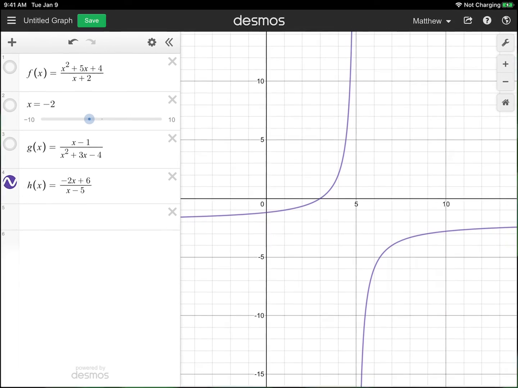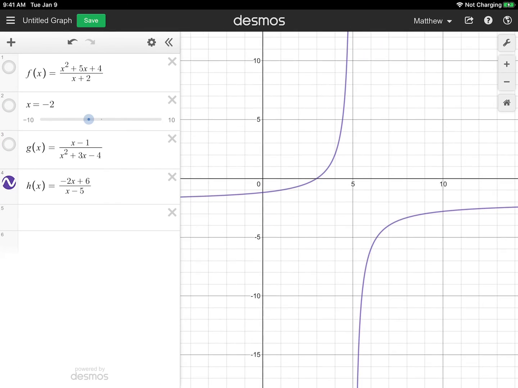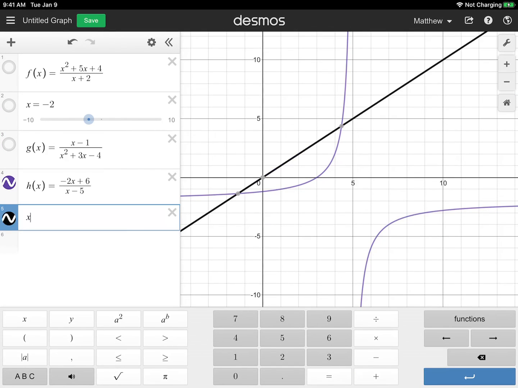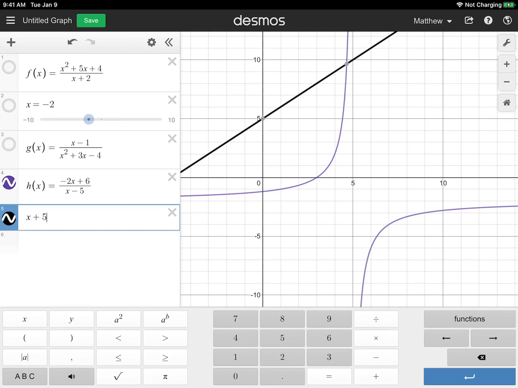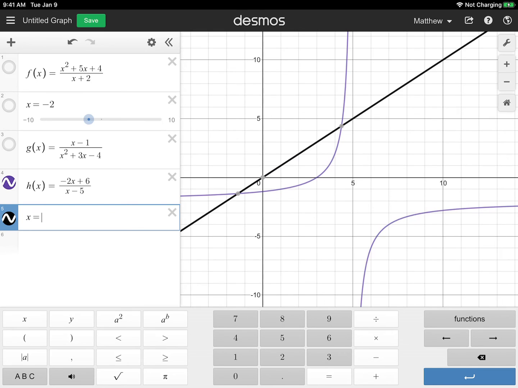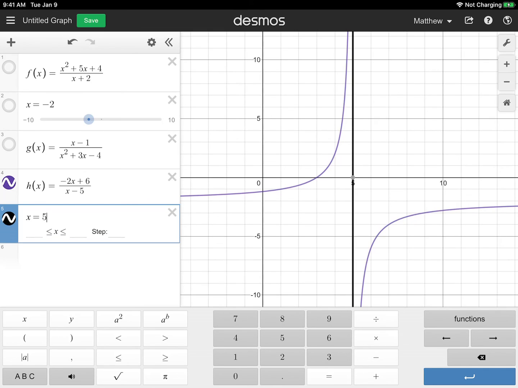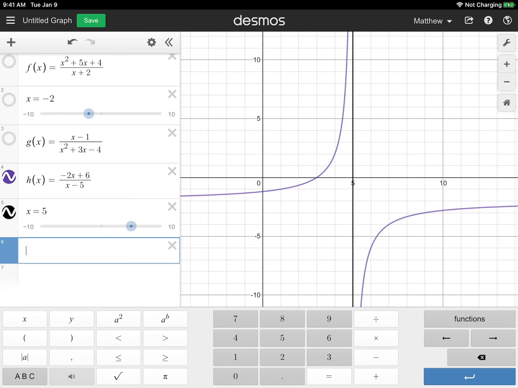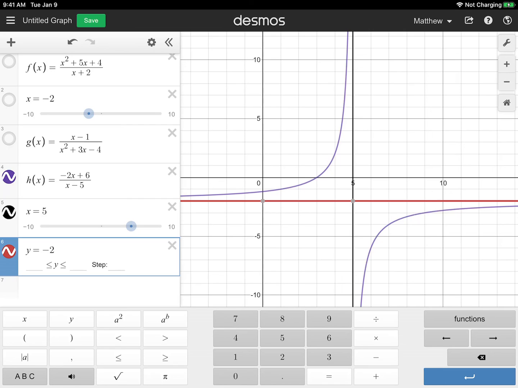Let's double check and see if that works. Perfect. You can see that at x equals 5, we have a vertical asymptote, and y is equal to -2 gives us a horizontal asymptote.